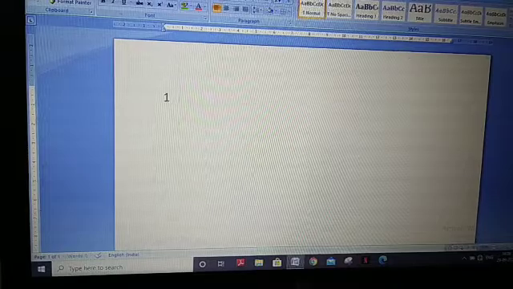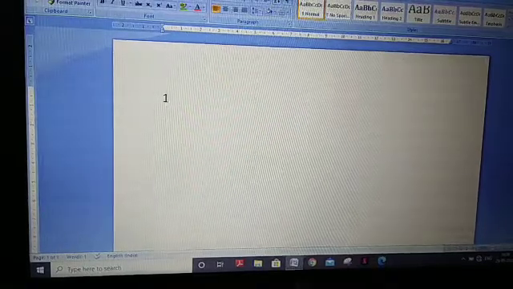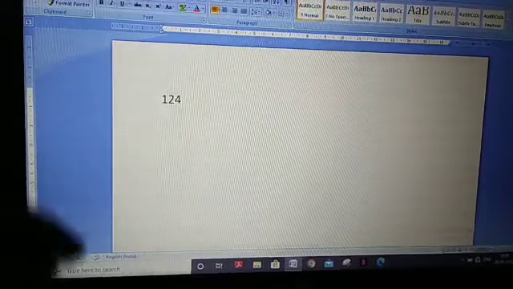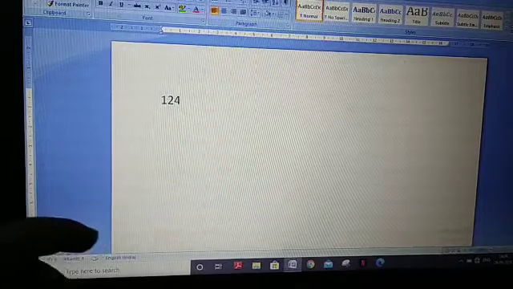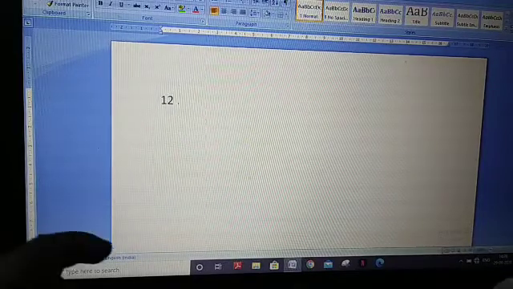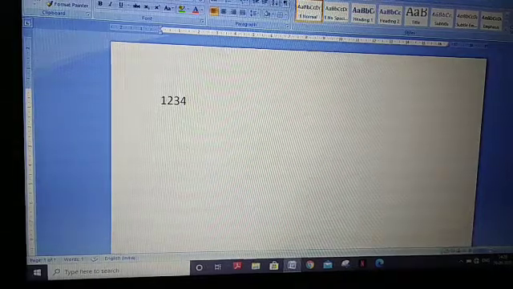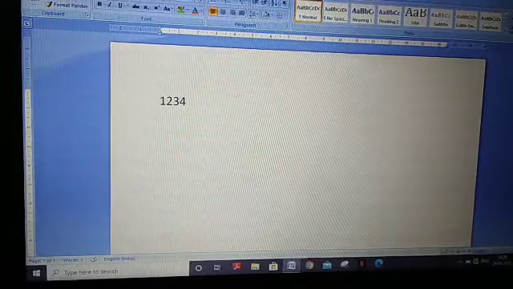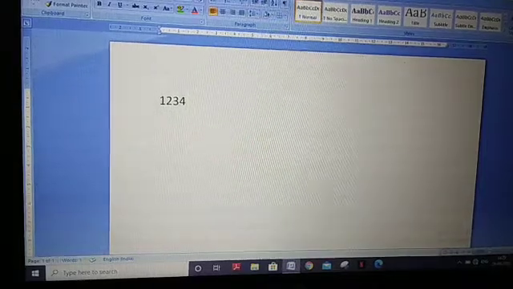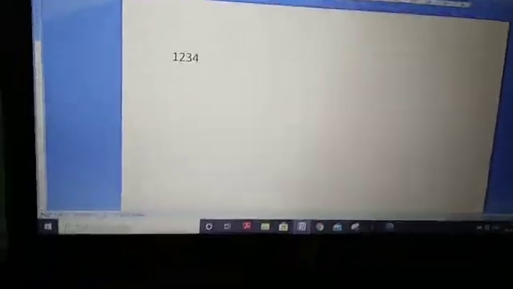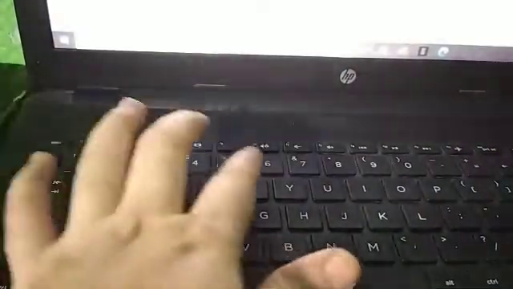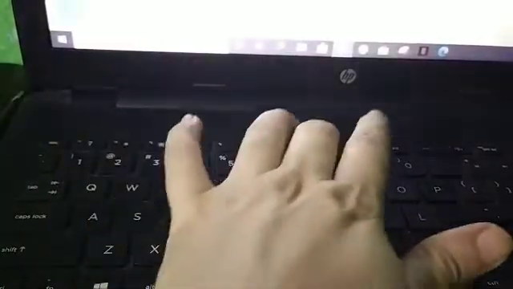See, when we press 1, 2, 3, 4, this way the number appears on the screen. Clear? When you press number keys, the number appears on the screen.